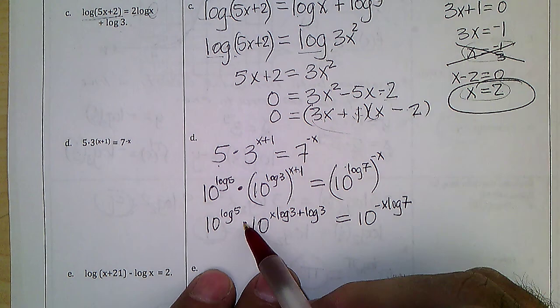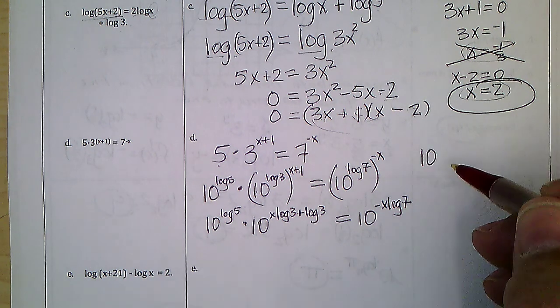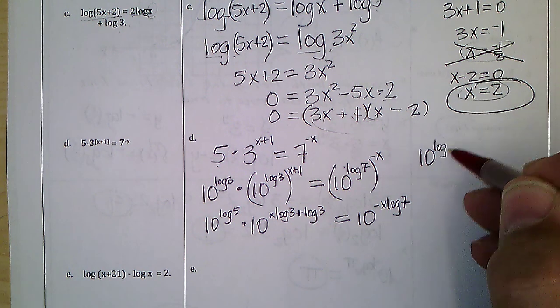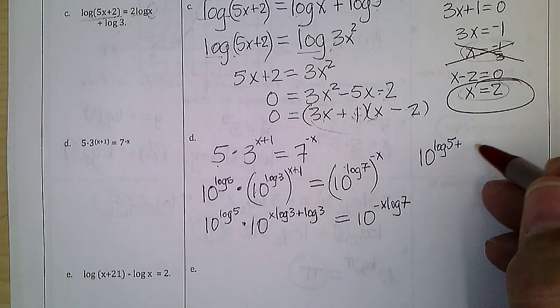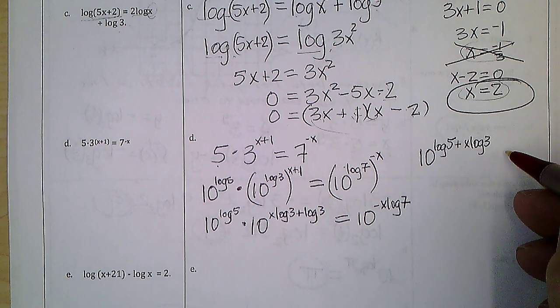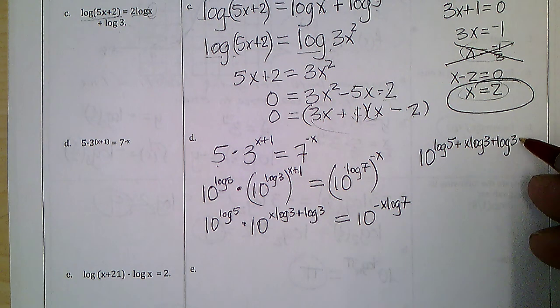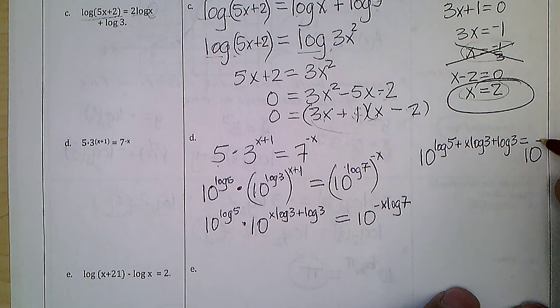Now, when I multiply, I add the powers. So I'm going to have 10 to a very long power here. We're going to have log 5 plus x log 3 plus log 3 equals 10 to the negative x log 7.